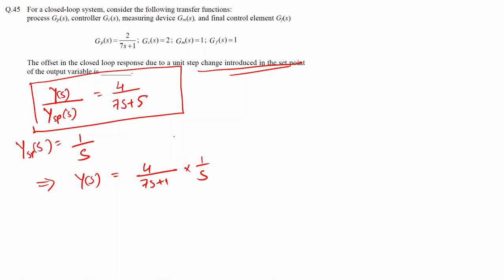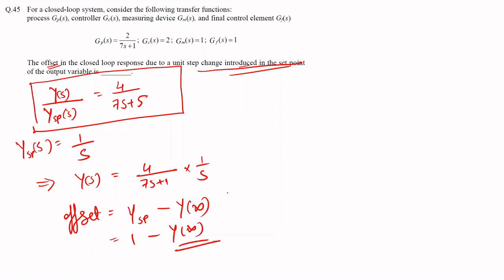Now in this question we have to find the offset. We define the offset as the set point minus the ultimate or final value, the steady state value of the system, that is Y(infinity). Here we are introducing a step change in the set point, so YSP will be 1, and we have to find this Y(infinity).